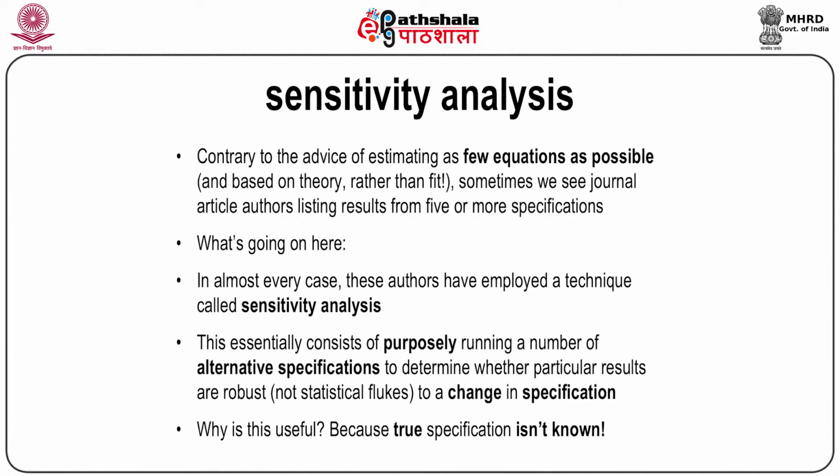In almost every case, the authors have employed a technique called sensitivity analysis. The analysis consists of purposely running a number of alternative specifications to determine whether particular results are robust, not statistical flukes, to a change in specification. Why is this kind of analysis useful?